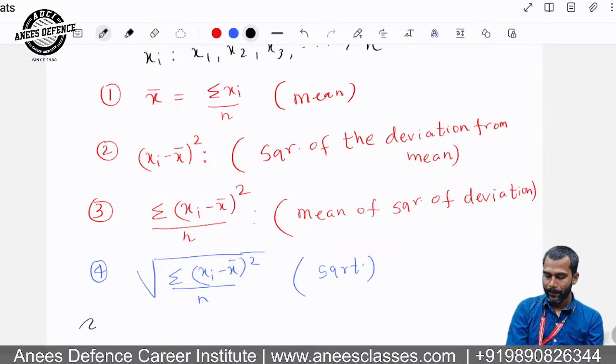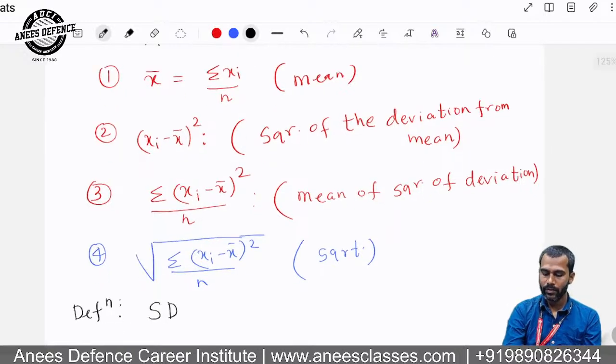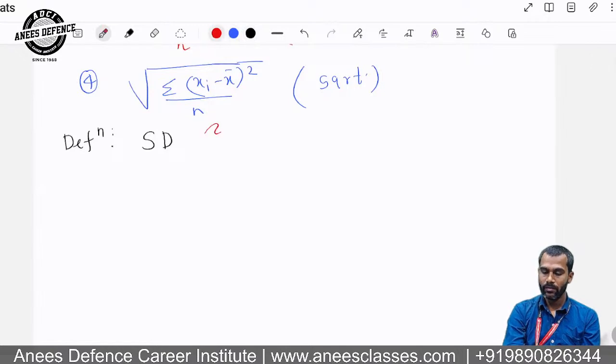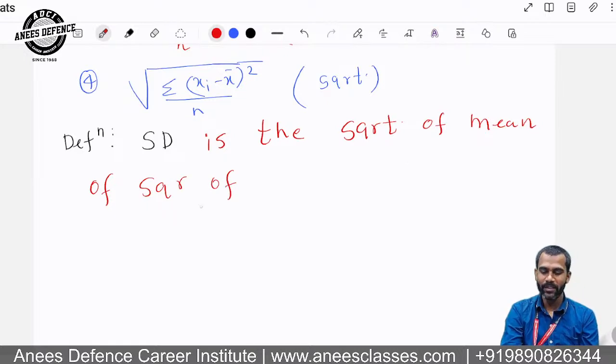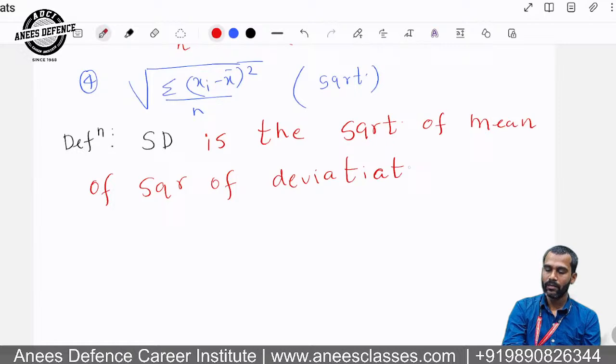Now tell me the definition. Standard deviation is the square root of the mean of the square of deviation of all the observations from mean.